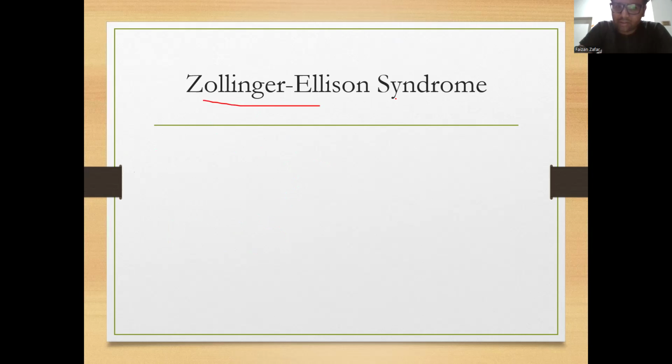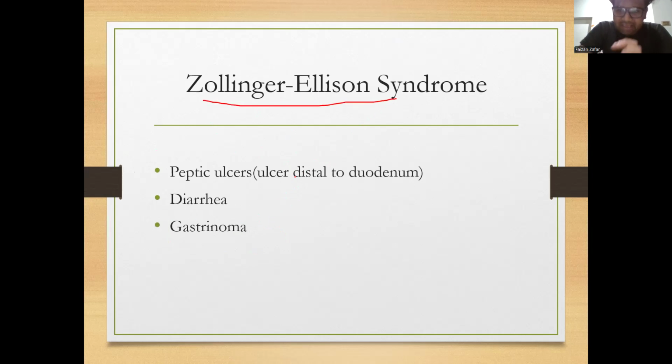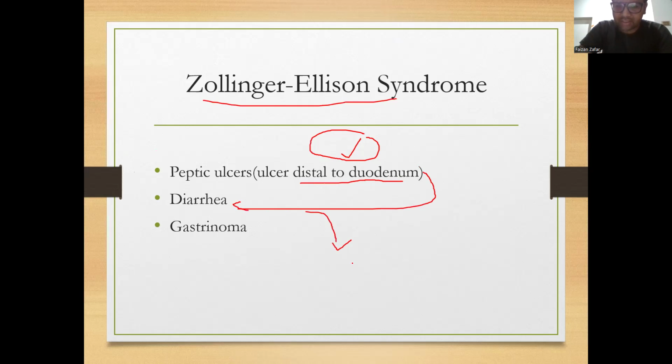Zollinger-Ellison syndrome. The key thing is a peptic ulcer distal to the duodenum. That is the most high-yield key point. Excessive acid secretion inactivates the pancreatic enzymes, which leads to diarrhea and ultimately steatorrhea. Why steatorrhea, malabsorption?